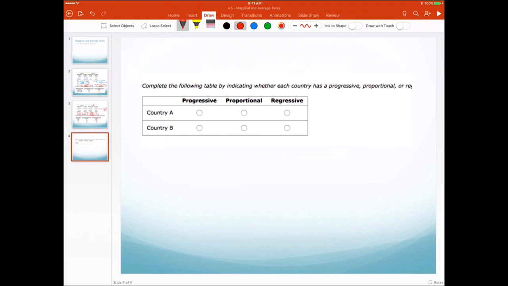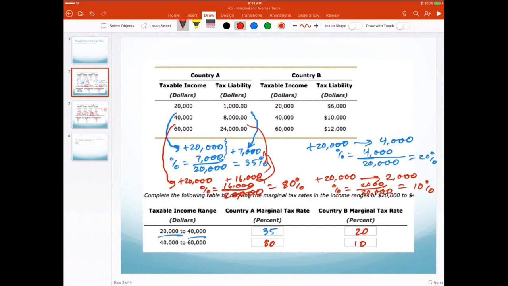Okay? So let's go back to country A, right? As we look here, we'll go in green. Marginal taxes, as your income level increases, so does your tax rate. It goes from 35 up to 80%. Okay? Country B over here, as their income increases, their marginal tax rate decreases, goes from 10 to 20 to 10%.